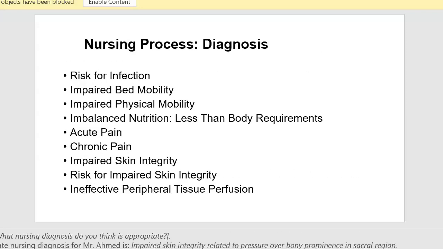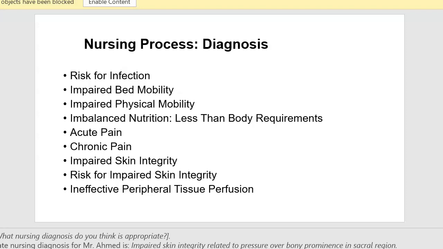So going back to the nursing process, looking at diagnoses for skin issues. One thing that we see a lot of times with skin issues has to do with their ability to heal.